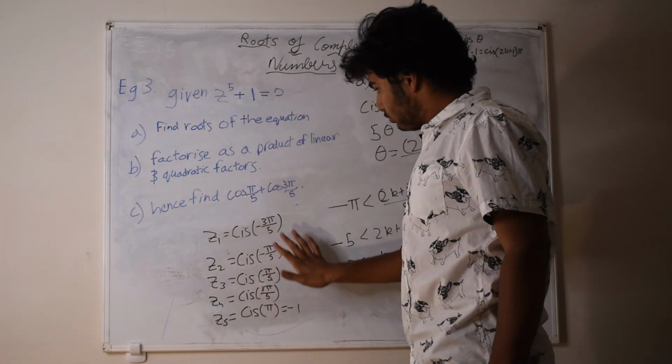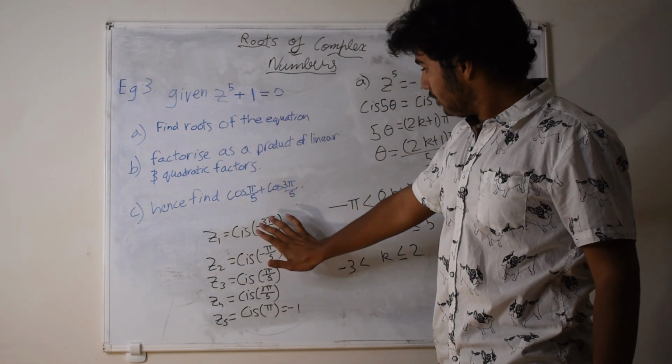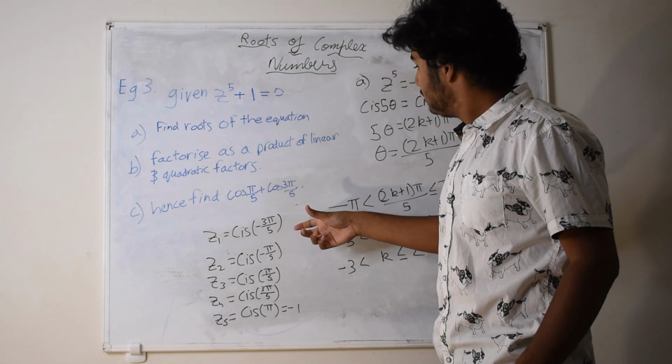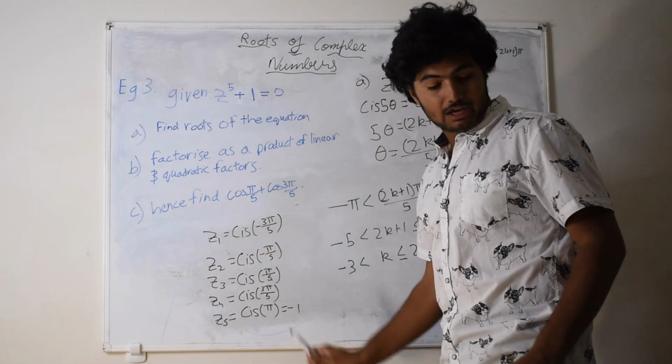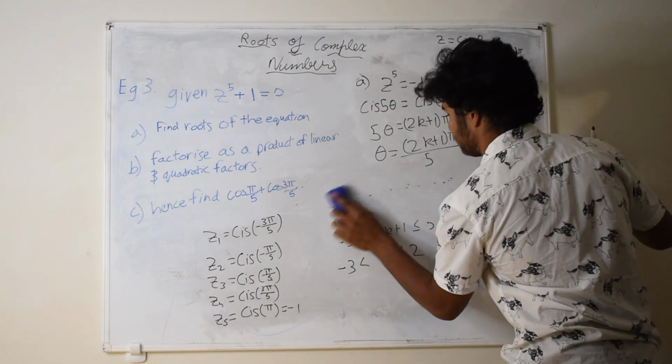So we can see a trend here. We've got conjugate pairs. So we rewrite these solutions as their conjugate pairs. Just over here, let me rub this out quickly.